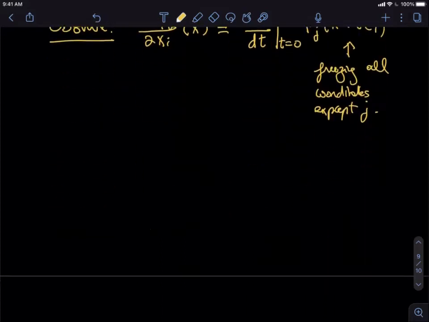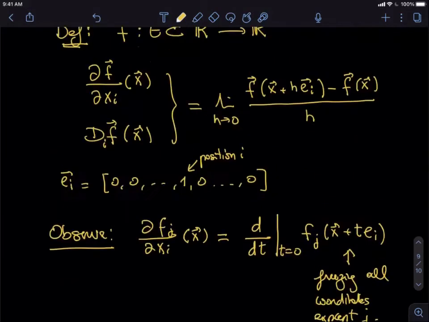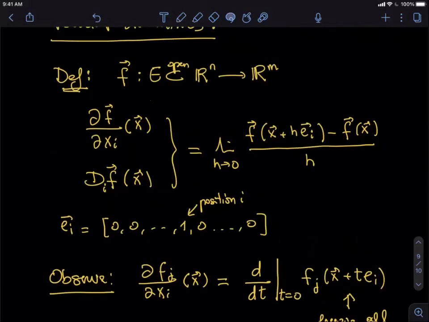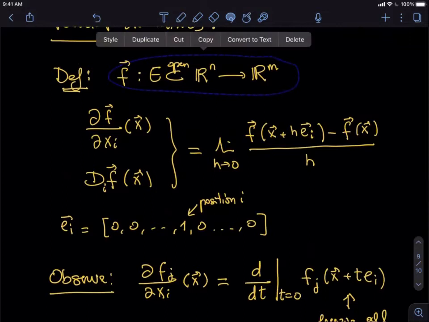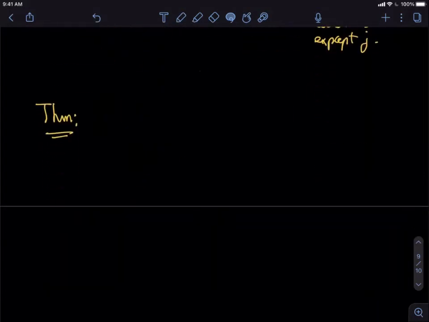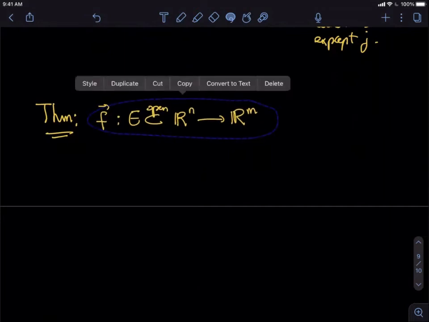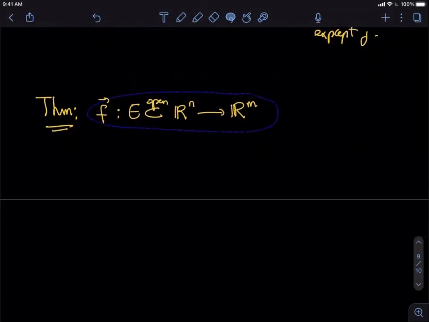Now, there is a very important connection between the differential and the partial derivatives. So if we have a function like, as usual, I'll just copy, f from E open in Rn to Rm. Okay. The differential of f at x is actually, remember, this was a matrix.